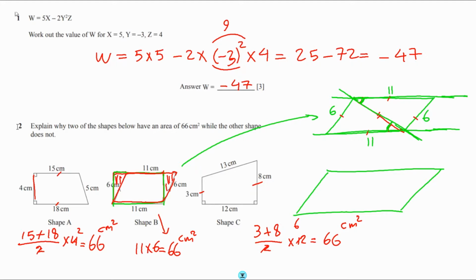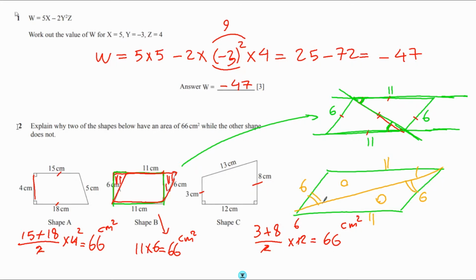In the same way, we can draw another line on this side and say if we have 6 and 6 and 11 and 11, we can prove again that this triangle equals this triangle on this side, and therefore this angle equals this angle.